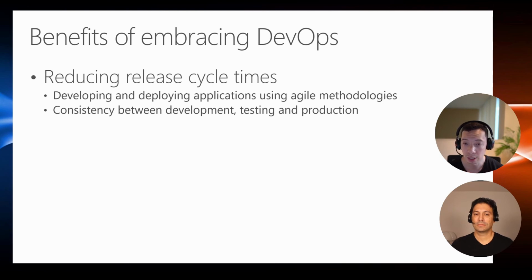So developing and deploying applications, we'll use agile methodologies. We want consistency and most likely automation between development, testing, and production. And remember, if you reduce the release cycle time between new features or evolutions of your application, that means you will get an advantage compared with your competitors if they are not doing the same thing.